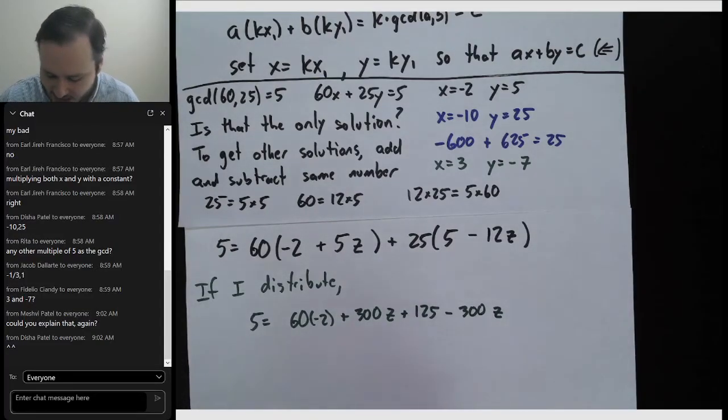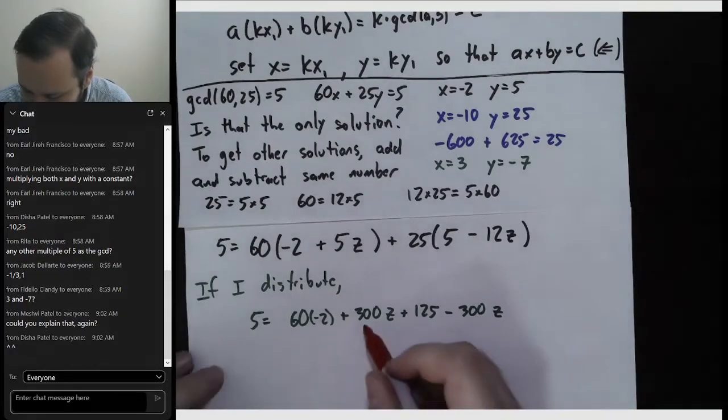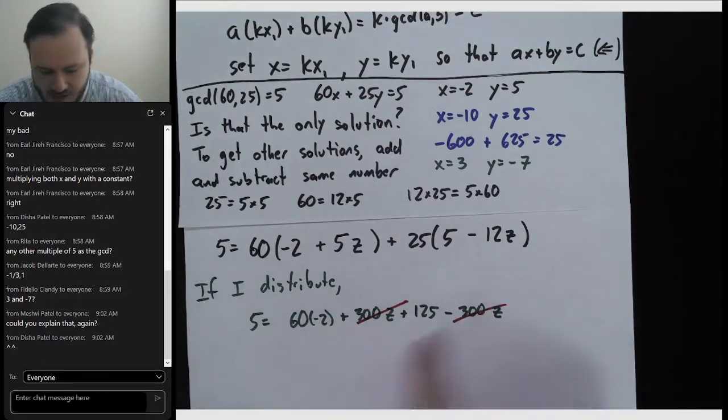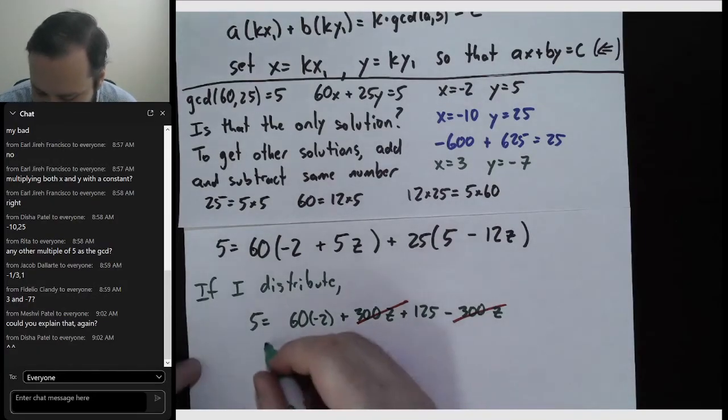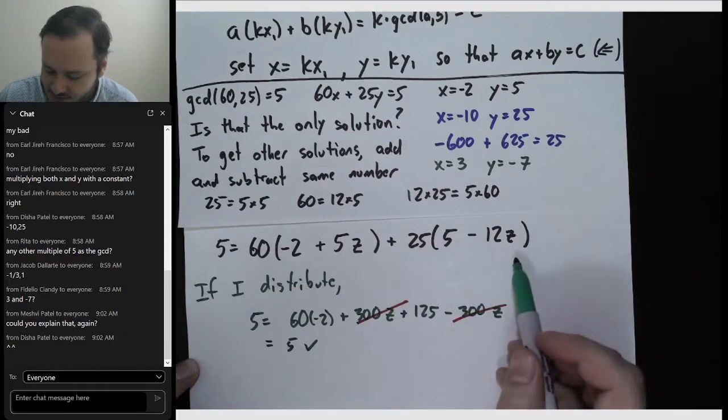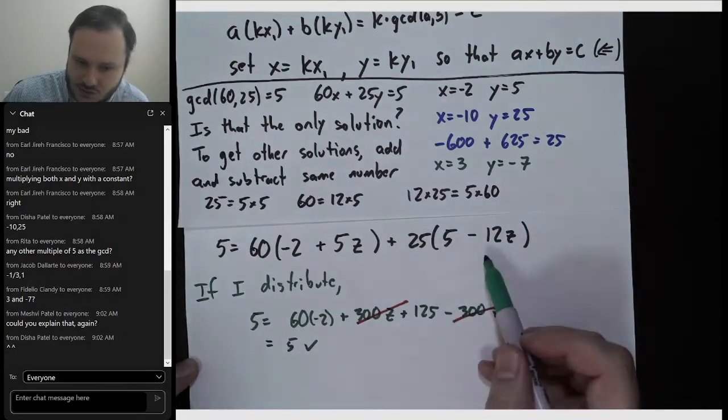These two cancel out. And I get negative 120 plus 125 gives me 5, which works. So any value of z that I pick makes this equation true.